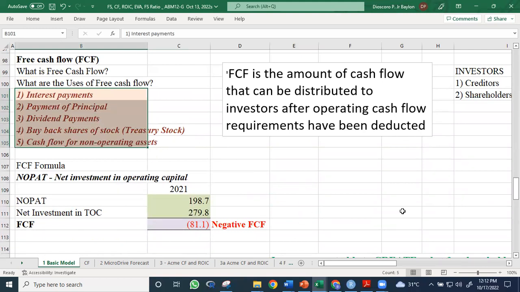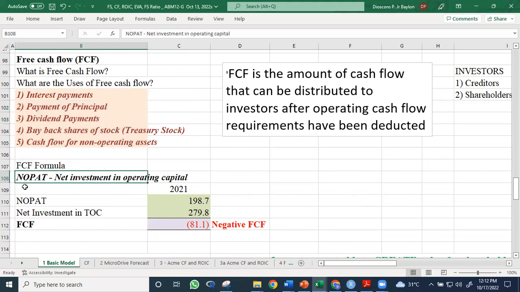Now, sorry. Why does a company have negative free cash flow? Anong dahilan? Okay, dalawa lang naman yan, di ba? Either yung NOPAT or yung net investment operating capital. Okay, so in the first place, kung yung NOPAT, kunyari EBIT natin negative na, therefore yung NOPAT mo magiging negative.